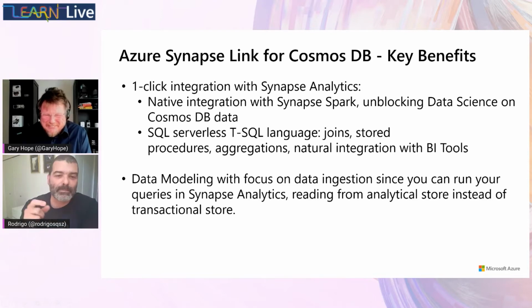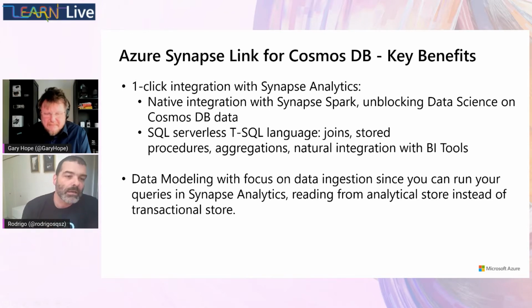Yes. We already mentioned T-SQL language. Another important benefit. Today, customers using Cosmos DB need to define a data model that will bring balance between reads and writes. And now they can focus on writes. We're going to do reads somewhere else. So they don't need to worry about that anymore, and they can optimize their data modeling for data ingestion, for transactions, right?